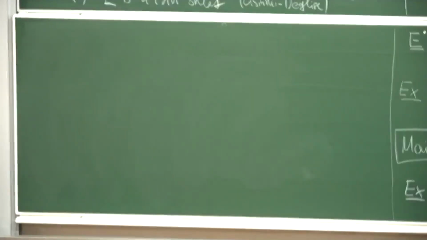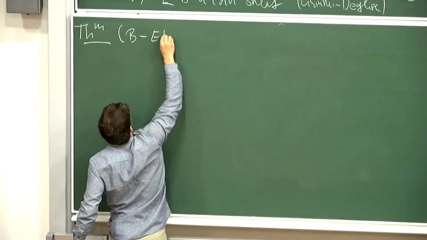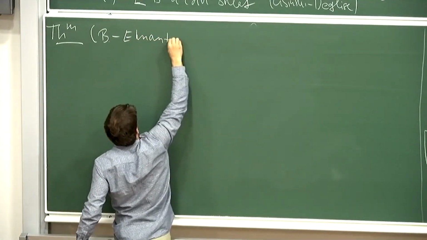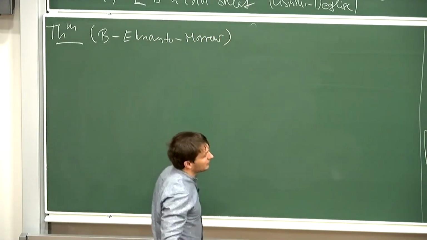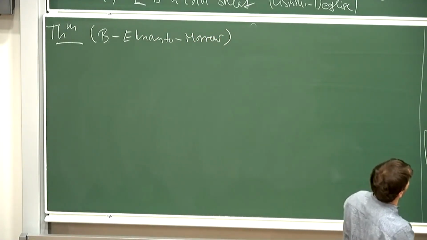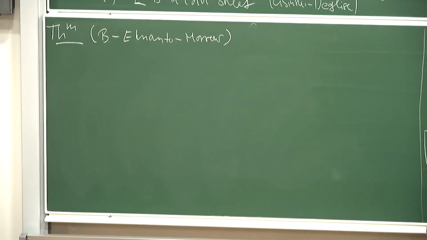All right. And the theorem is that it works exactly for the Motivic cohomology as it works for KGL.